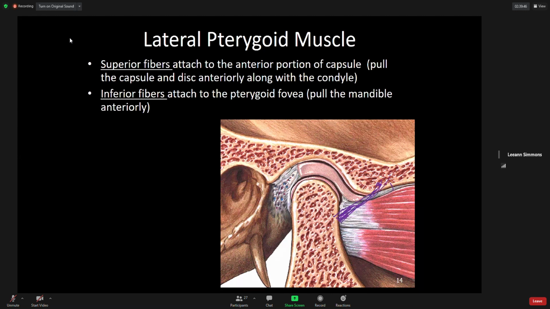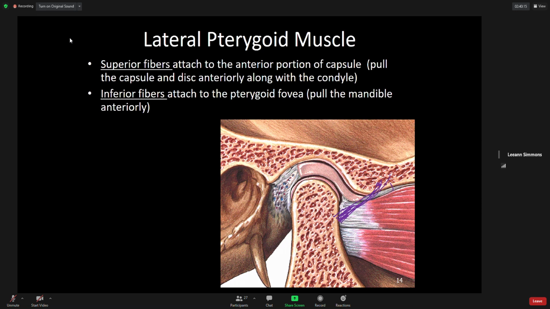The superior head of the lateral pterygoid attaches to the anterior portion of the capsule. The capsule is attached to the meniscus inside, or disc, right? So the muscle's over here, the capsule's my vertical hand, and the disc is back here.